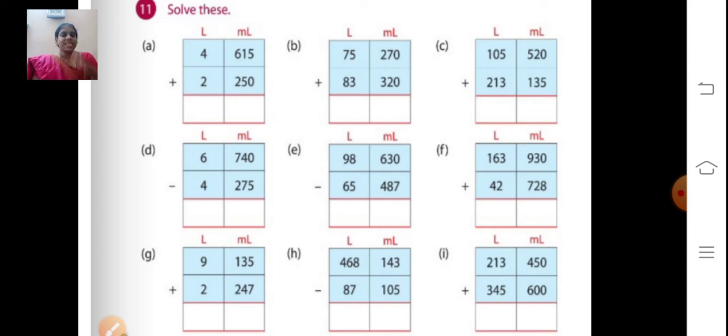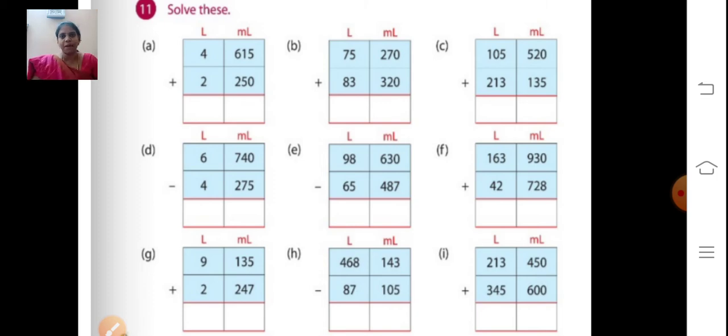How will you add? Make 2 columns, liters in one separate column, milliliters in another. First add the milliliters, and for subtraction also same way. First subtract the milliliters, then move on to the liters.